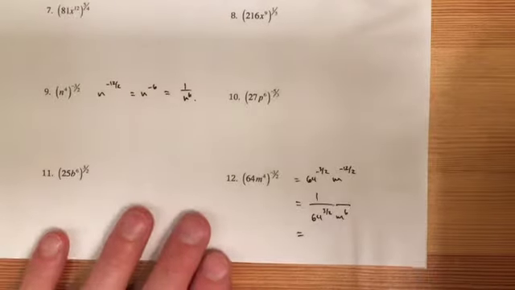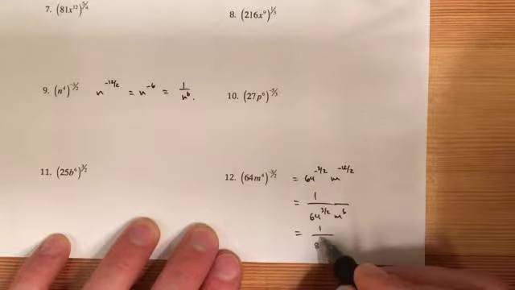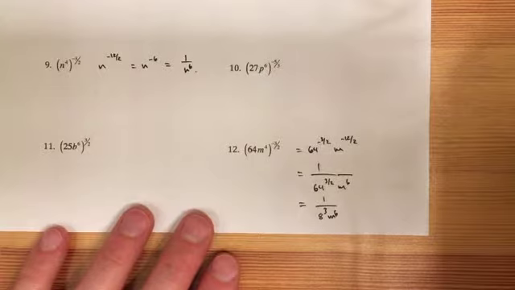And that is the square root of 64 cubed again, which would be 1 over 8 cubed times m to the 6th, which is basically what we had before, but with a negative exponent. So you'll find 8 cubed, and then you'll be good to go from there.